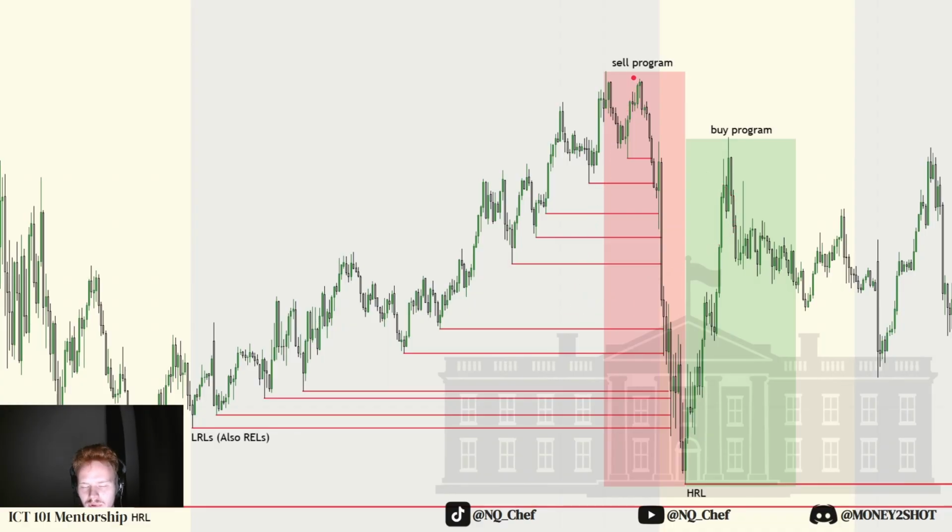But we see how this sell program absorbs every single buyer at highs or lows, resting sell stops below lows. These are low resistance lows, and this whole area I would consider relative equal lows, especially these two, these two.